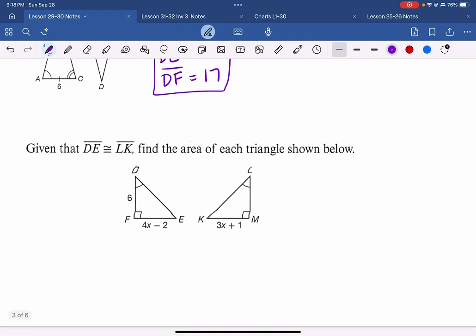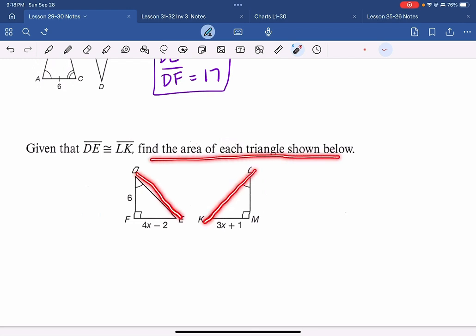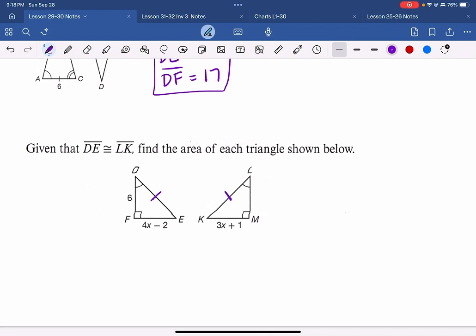Okay, last one. Given that segment DE is congruent to LK, find the area of each triangle shown below. All right, so we see here that they're telling us that this is congruent to this. So watch, they've just told us angle, angle, side.